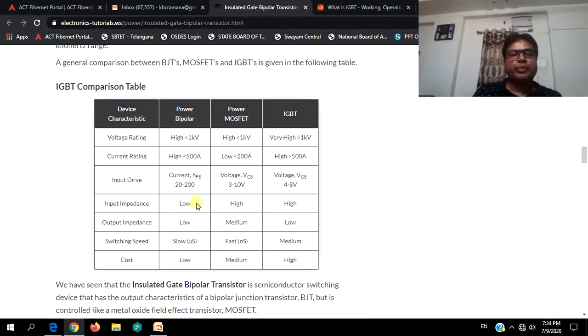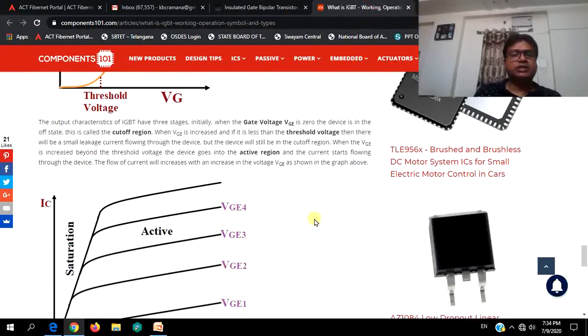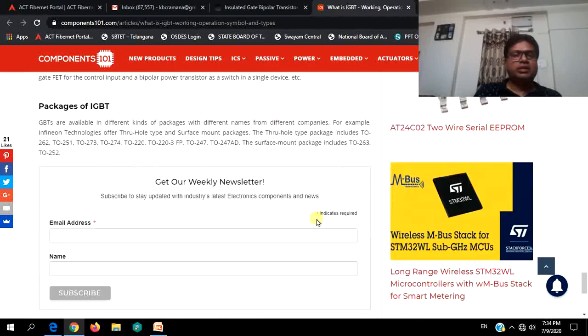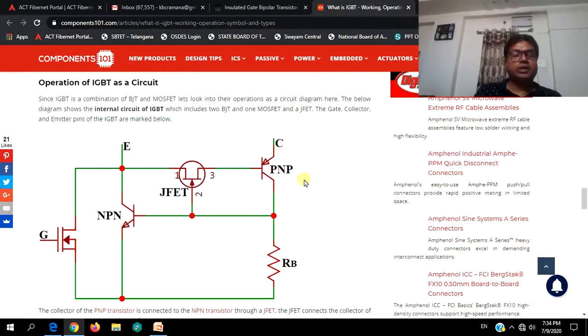Likewise, input impedance is low for BJT and high for MOSFET, so IGBT takes the better feature of MOSFET. Likewise, for switching speeds, BJT is slow and MOSFET is fast, so for IGBT it is enhanced, medium. That is why IGBT is preferred in most applications, as it has the combined features of BJT and MOSFET.